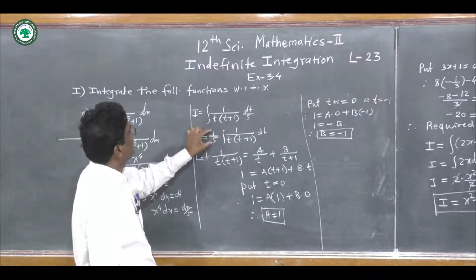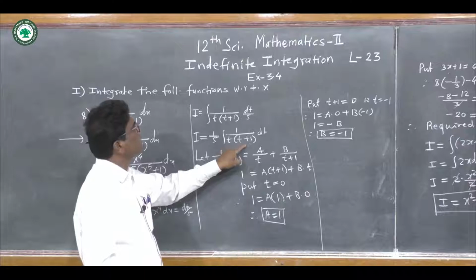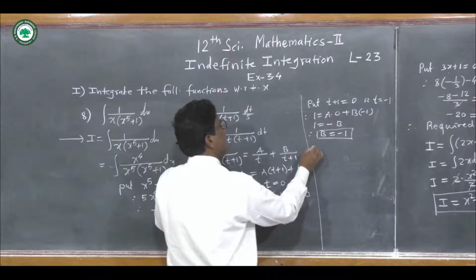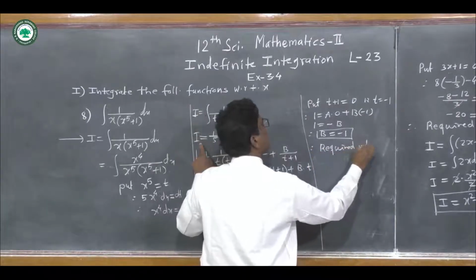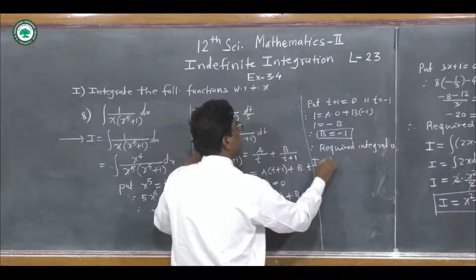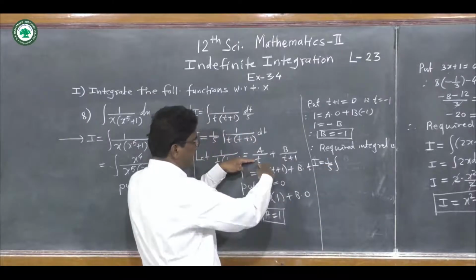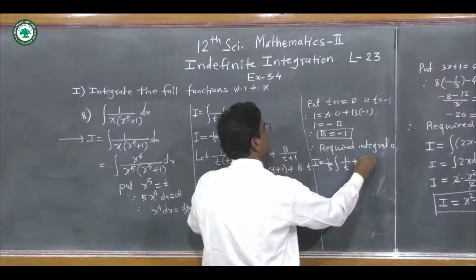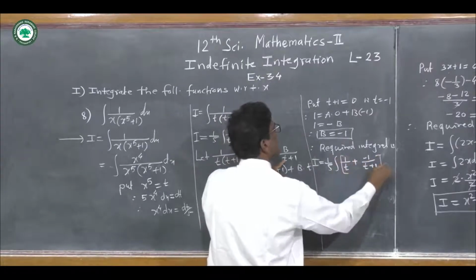And therefore the required integral I is equal to 1 upon 5 integration of 1 upon t into t plus 1. This 1 upon t into t plus 1 we replace by this, by putting the values of a and b. Therefore the required integral is I is equal to 1 upon 5 integration of a upon t, a is here 1, so 1 upon t, plus b is here minus 1 upon t plus 1 into dt.